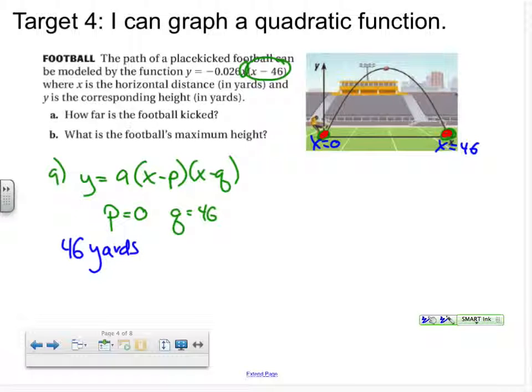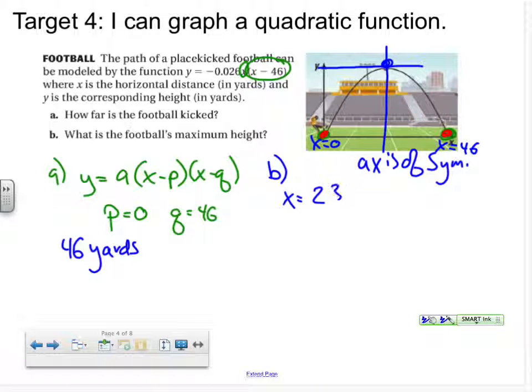All right. For part B, what is the maximum height? Well, the maximum height occurs at the vertex, so we need to find the vertex. We'll start by finding the axis of symmetry. And that means we need to average p and q. Add them up, divide by 2.